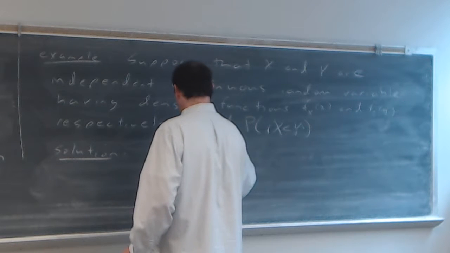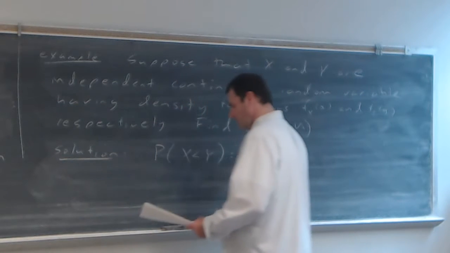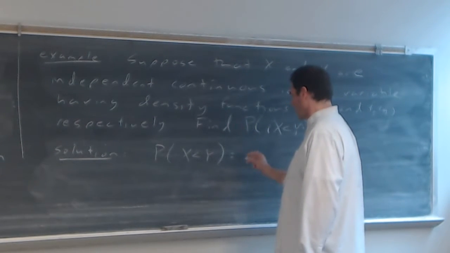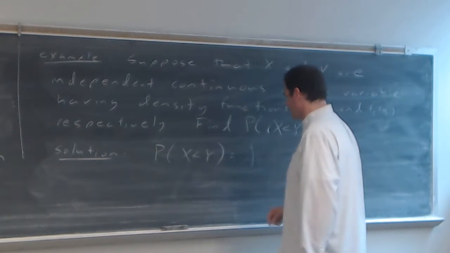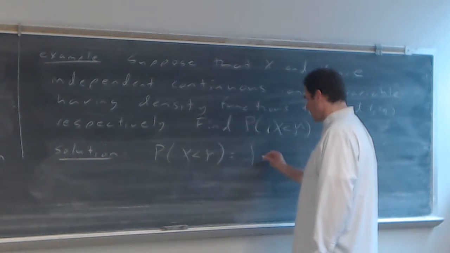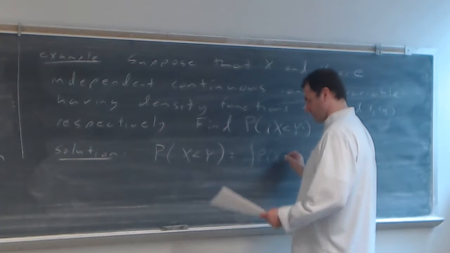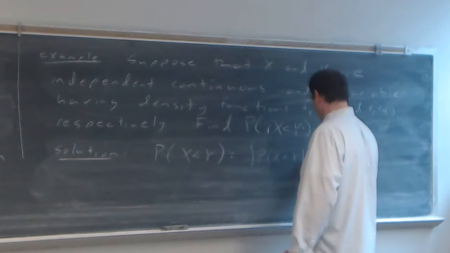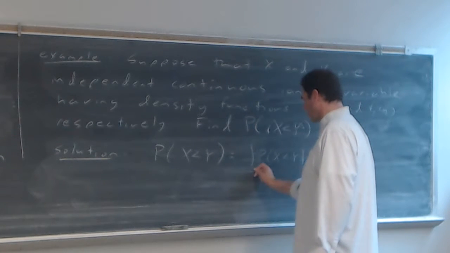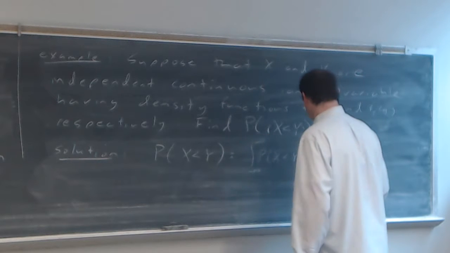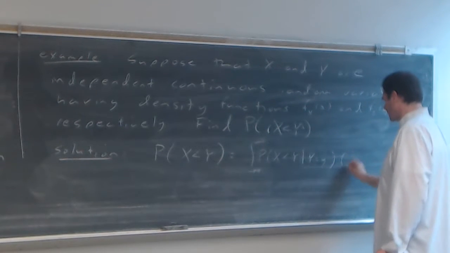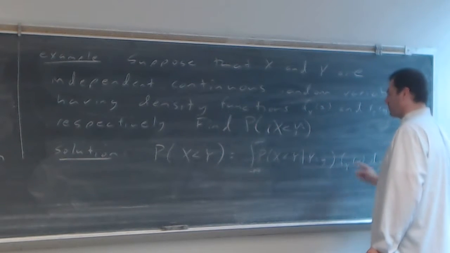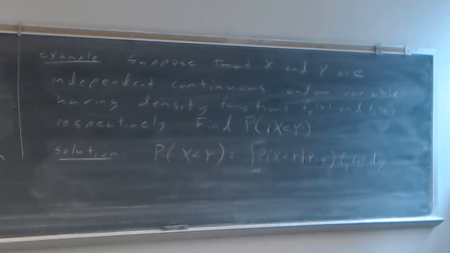The probability that X is less than Y is really equal to, since these are continuous random variables, the probability of X being less than Y, given Y is equal to little y, integrated from minus infinity to infinity, with f sub Y of y dy here, and this is by the previous fact.